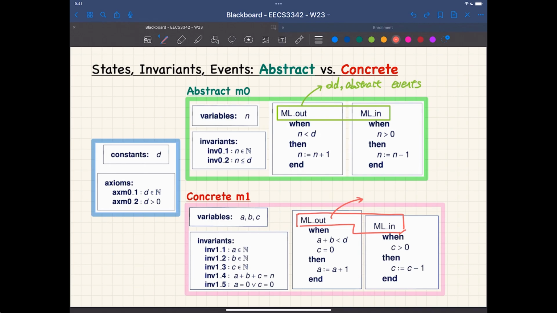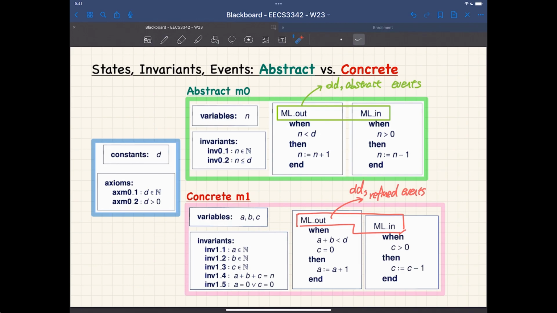I'm going to talk about new next time. They are more the refined events. Basically, these old events already exist in the initial model, but now we're trying to refine them or try to override them with different actions. Okay?